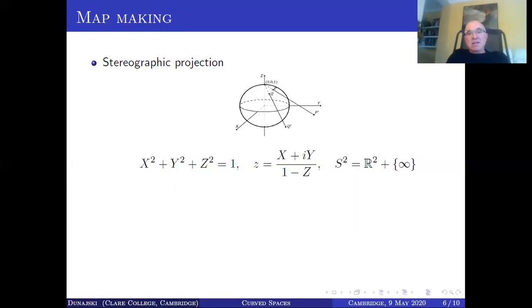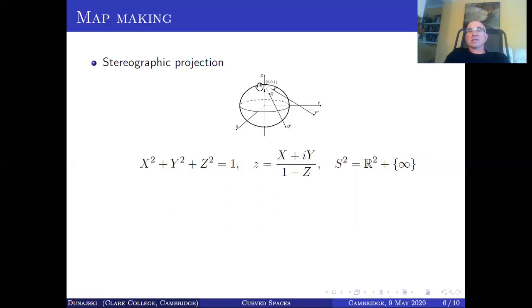The first one is something mathematicians really like to do. It's a kind of interesting mathematical procedure, but not a very good cartographical device. We call it a stereographic projection. To do that, pick a point on the surface of the sphere. Let's call it the North Pole.